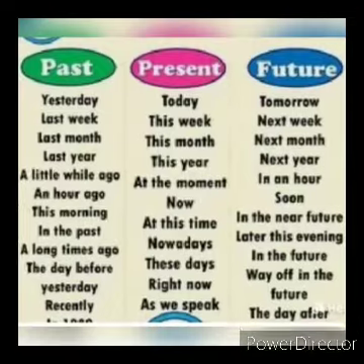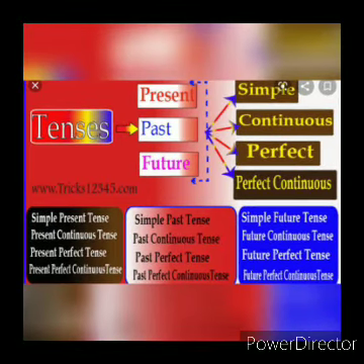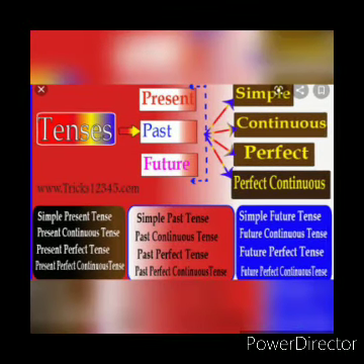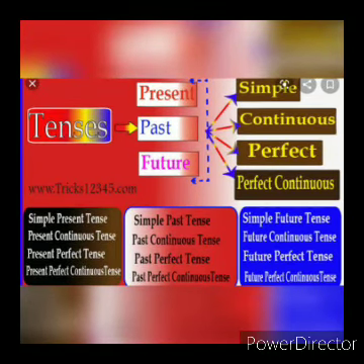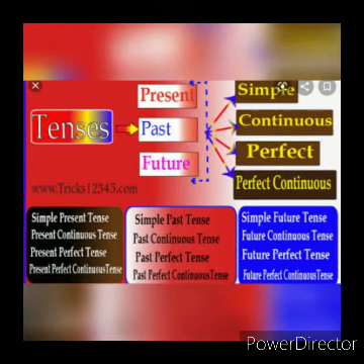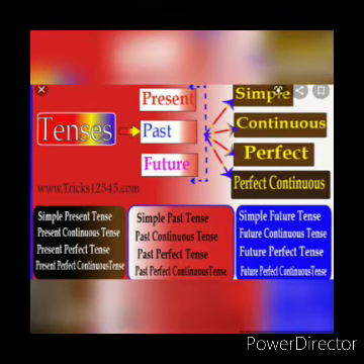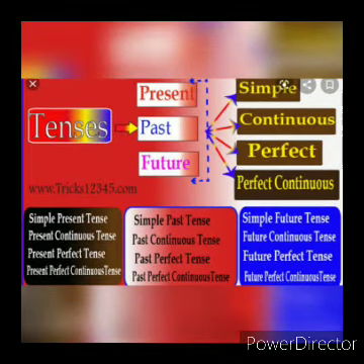Again, each main tense is classified into 4 tenses. That is simple, continuous, perfect, and perfect continuous. So we have simple present tense, present continuous tense, present perfect tense, and present perfect continuous tense.